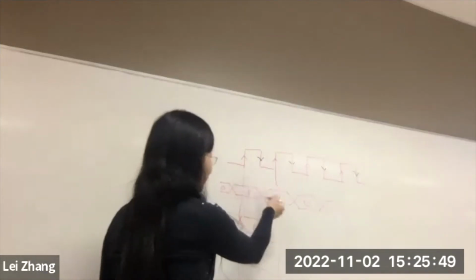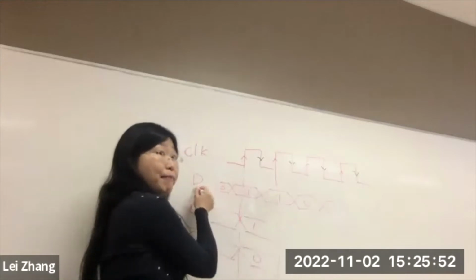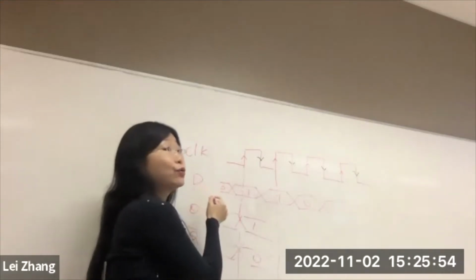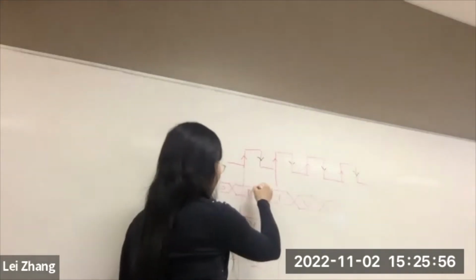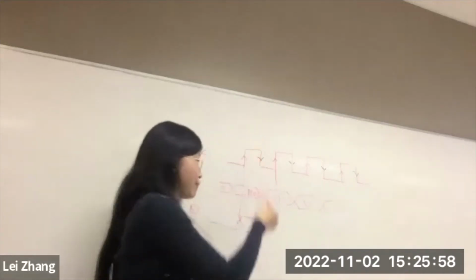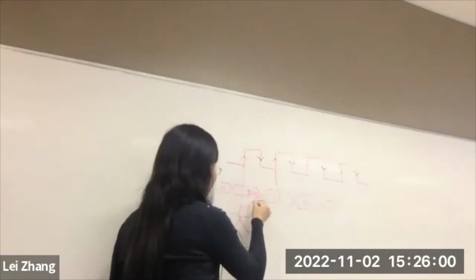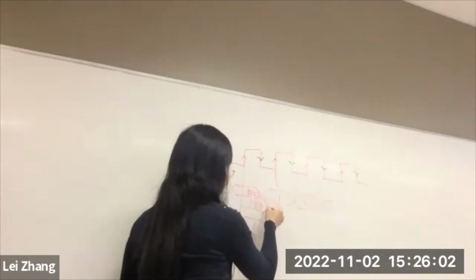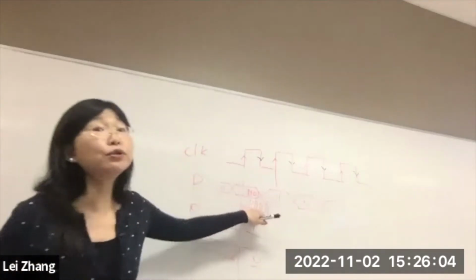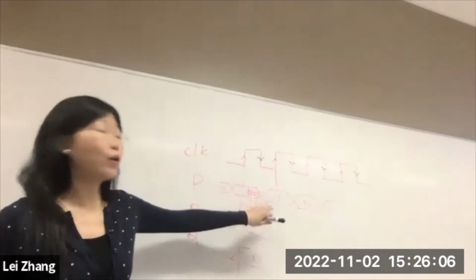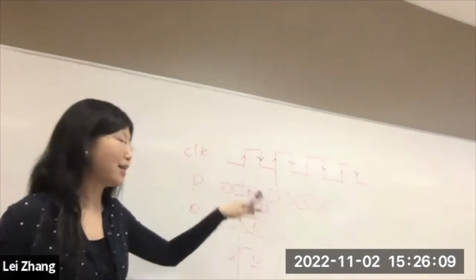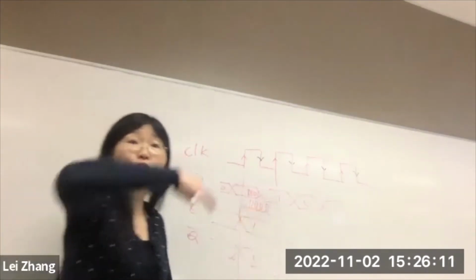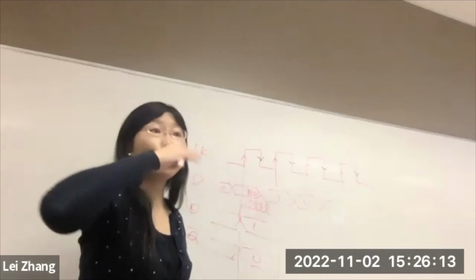So between these two, the D input can go crazy. It can be 0, 1, 0, 1, change many times. So basically it would be up and down many times. This could be noise signal in our circuit. It could go up and down as a noise signal.